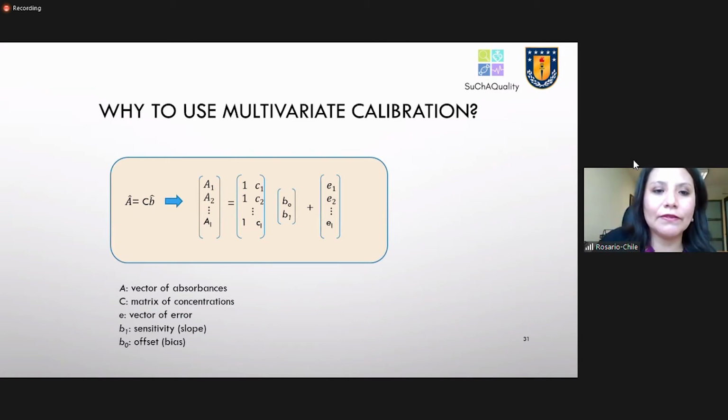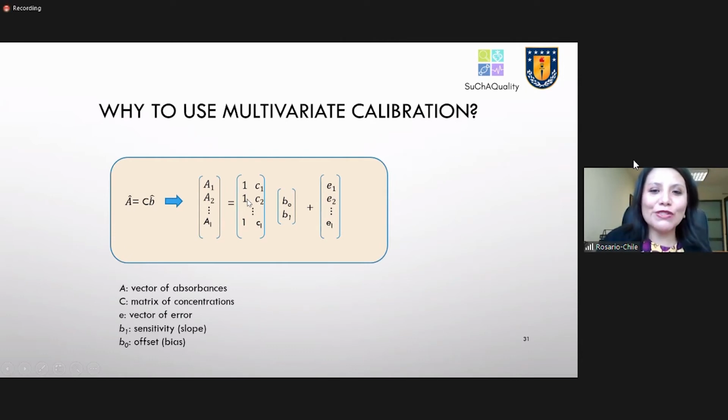Maybe you know about the Lambert-Beer law, but this is a simple representation of it for several samples using matrices or vectors. So in this kind of method, the absorbance or signal depends on the concentration.